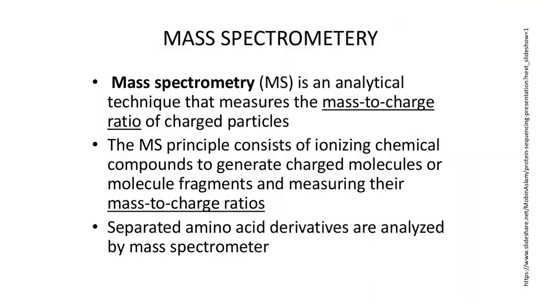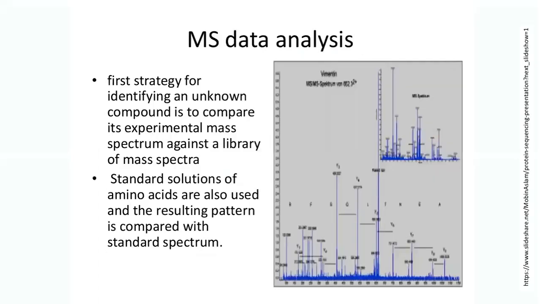Then, to understand the structure further, we could also couple the whole system with mass spectrometry, wherein the mass to charge ratio of the particles will be analyzed, and the separated amino acid derivatives could be analyzed by mass spectrometry.